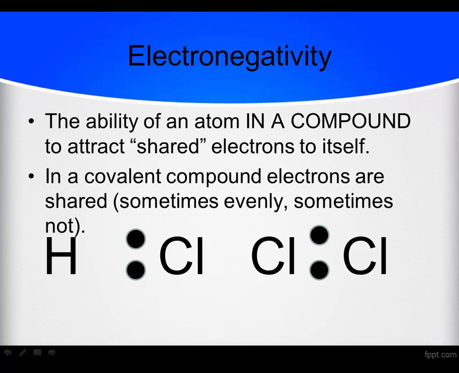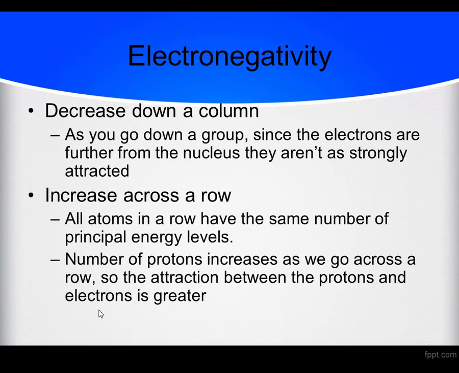The reasoning is that chlorine has the higher electronegativity. In fact, I can look this up. Chlorine has an electronegativity of 3.0. Hydrogen has 2.1. So that's why the electrons get drawn closer to chlorine in this picture.